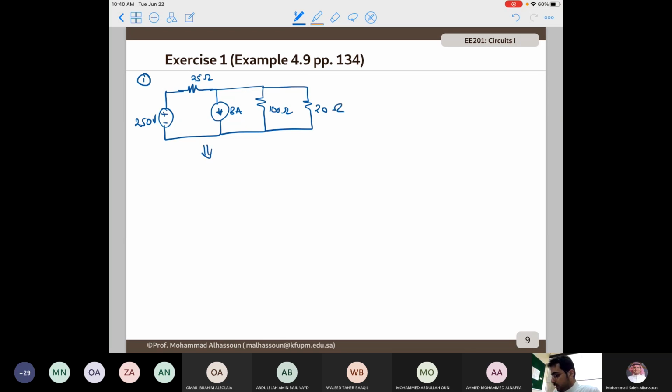Then what will be the next step? Let's see, Wael. Yes, we can introduce a new current source. Okay, so we can apply source transformation for the 250 volt with the 25 ohm to get a 10 ampere current.